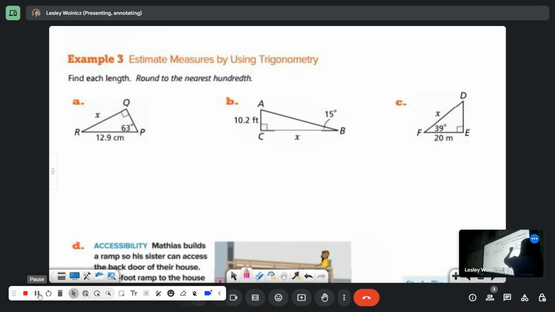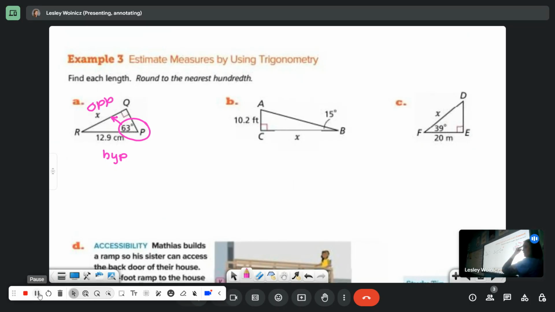So I look at my 60-degree angle, which is P. Where's the hypotenuse? The 12.9 is the hypotenuse. Ew. Okay, so with respect to the 60-degree angle, is the x the opposite or the adjacent? Opposite.